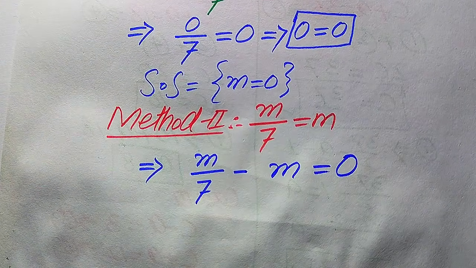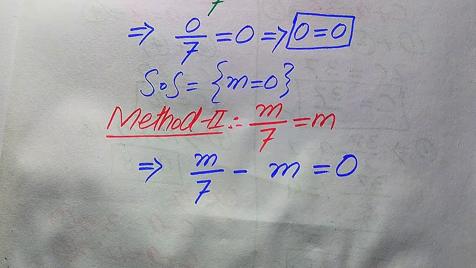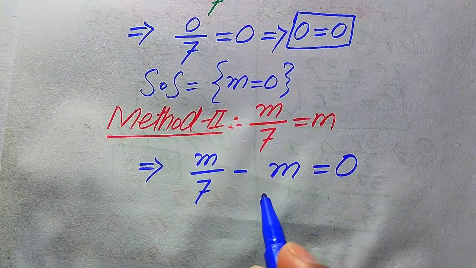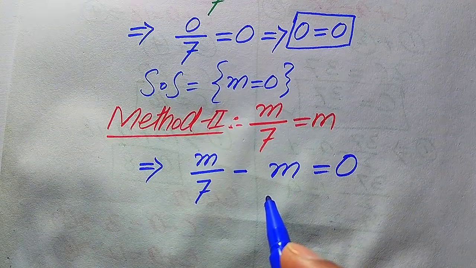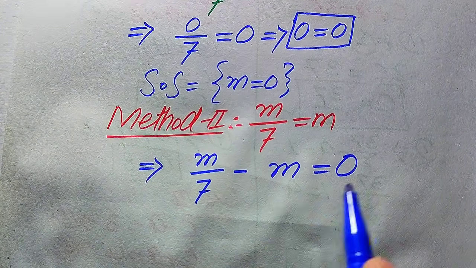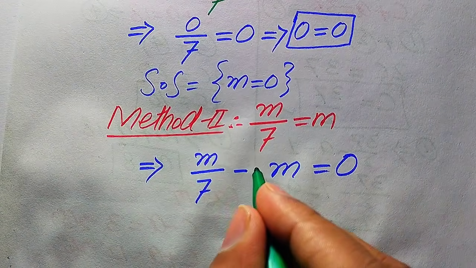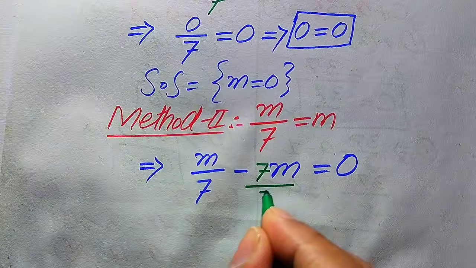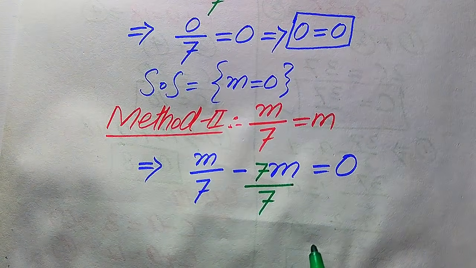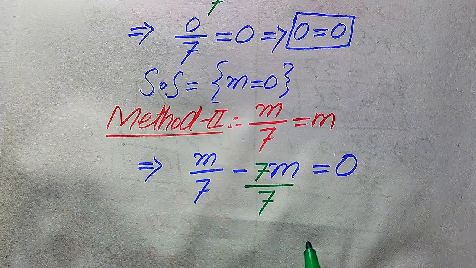Now, in order to take the LCM of these terms, we first need to make the denominators of both of these two terms the same. So in order to make the denominators the same, we just multiply and divide this term by 7. And after multiplying and dividing by 7, it becomes this form.